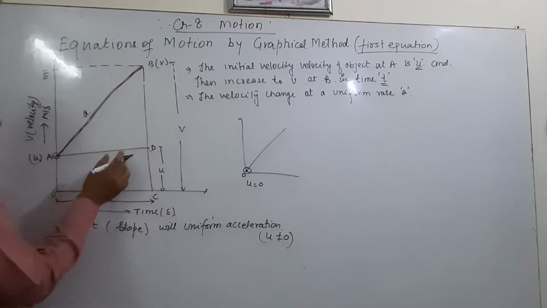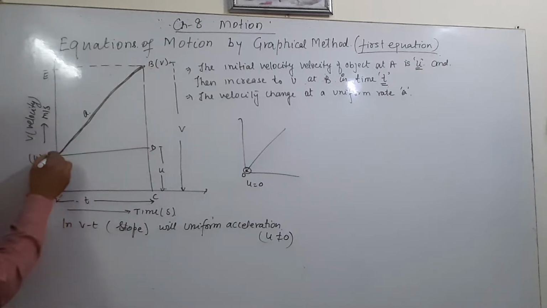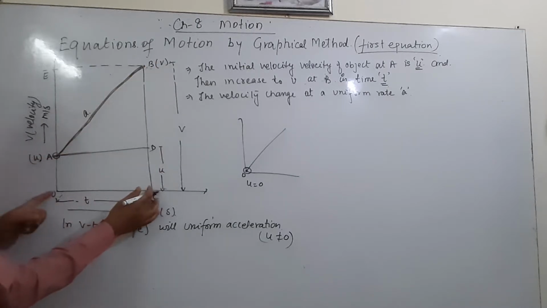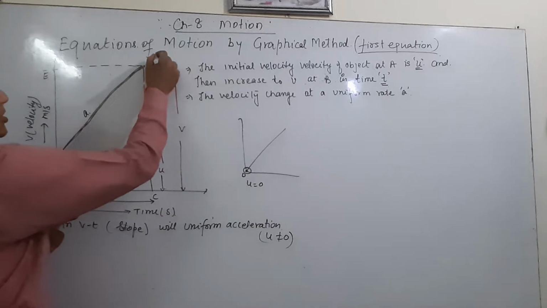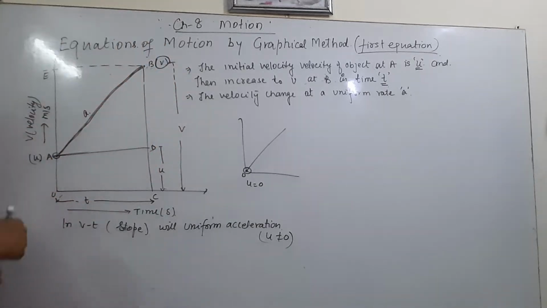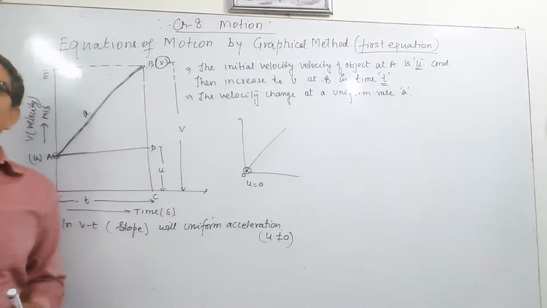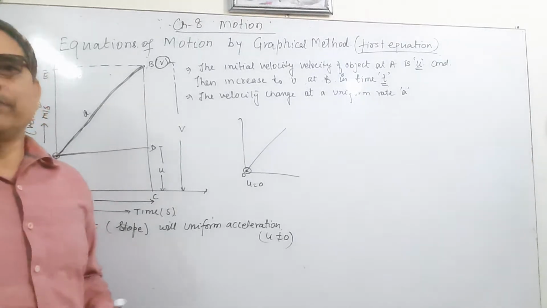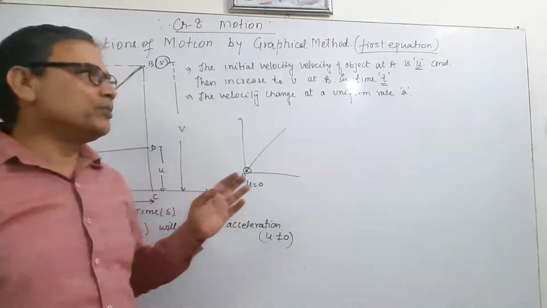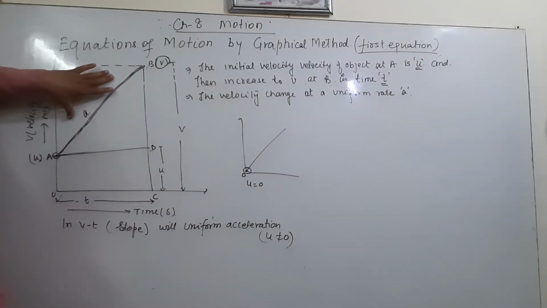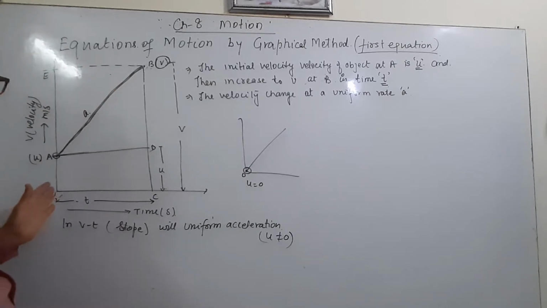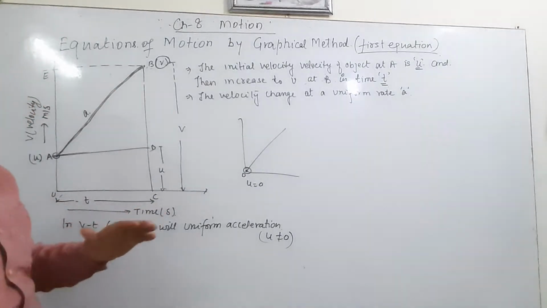After time t, from A to B, the velocity is increased to v, and this velocity is increasing at a uniform rate, meaning acceleration is uniform. Therefore AB represents the acceleration, the y-axis represents the velocity, and the x-axis represents the time.